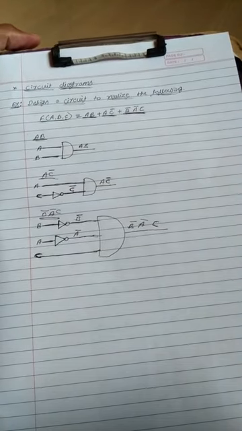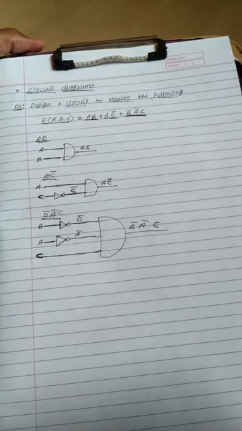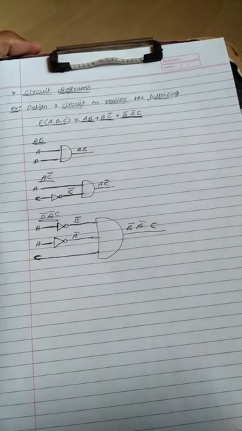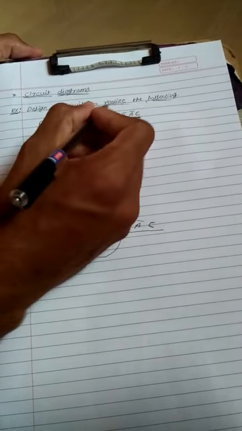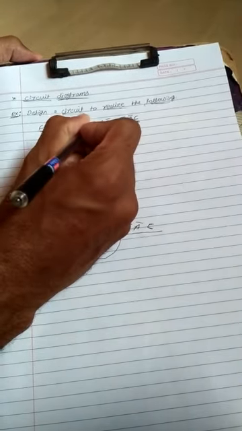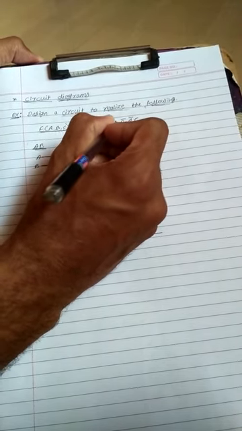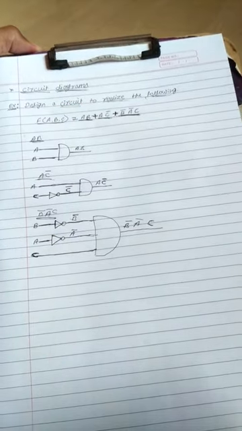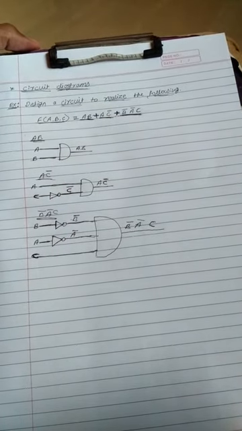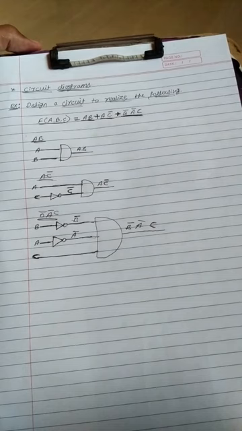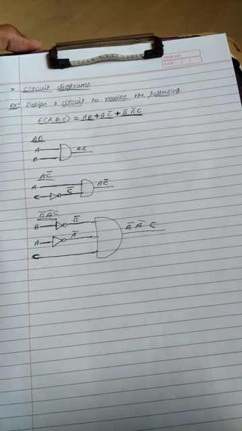Okay. Now we have to join all the three gates. How is it? Here it is the plus symbol. See here, plus symbol is there. If it is a plus symbol, then which gate do you have to use? Logical addition. Logical addition means what? OR gate. We have to use here an OR gate.